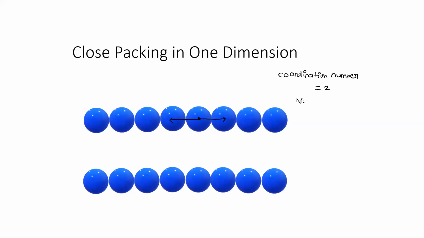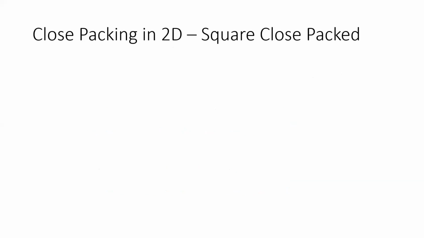It is nothing but the number of neighboring atoms or neighboring particles. If you take any atom, it will be touching only 2 atoms. So this is a 1 dimensional pack.